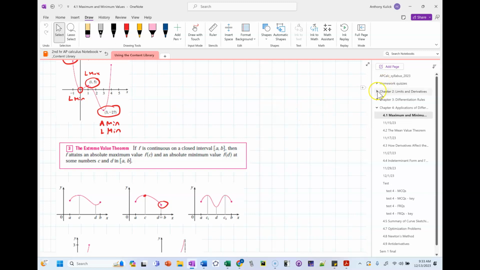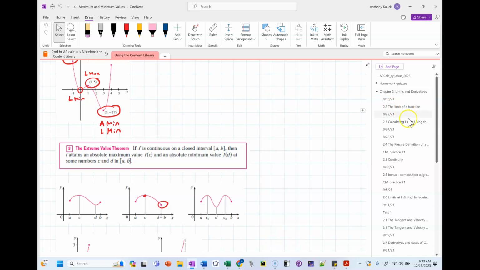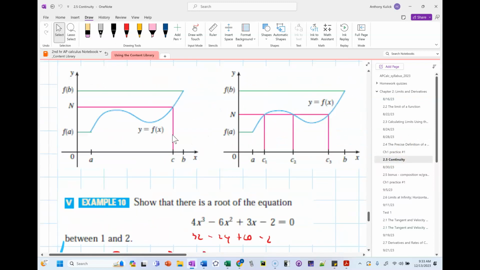The IVT says, where was that? Probably here on continuity.